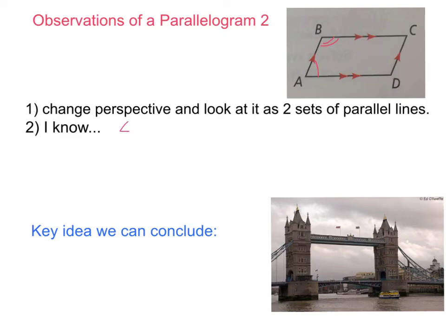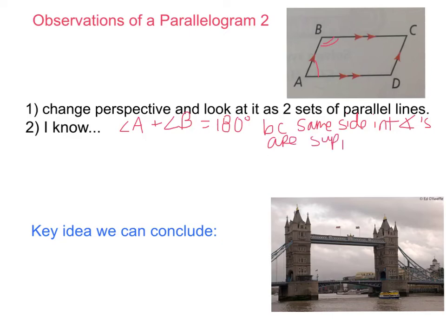So I know that angle A plus angle B equals 180 degrees. And I know that because same side interior angles are supplementary. Okay, remember we're shifting gears. I also know if we look at this angle and this angle right here, so angle B and angle C, that we can make a conclusion there.